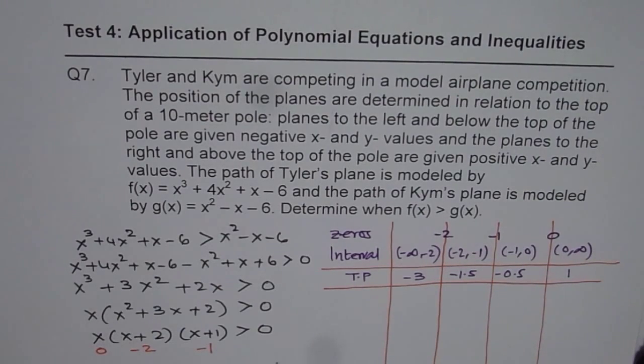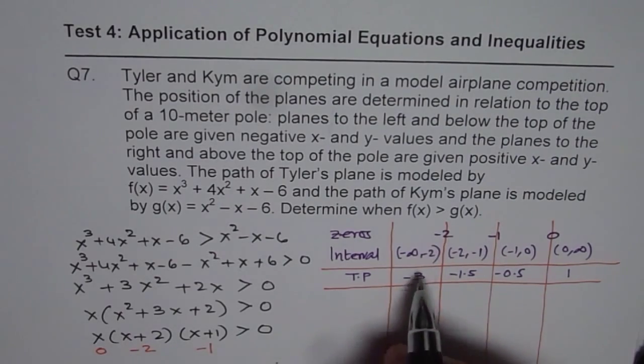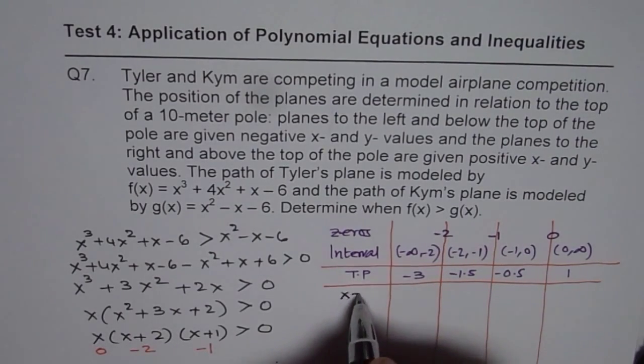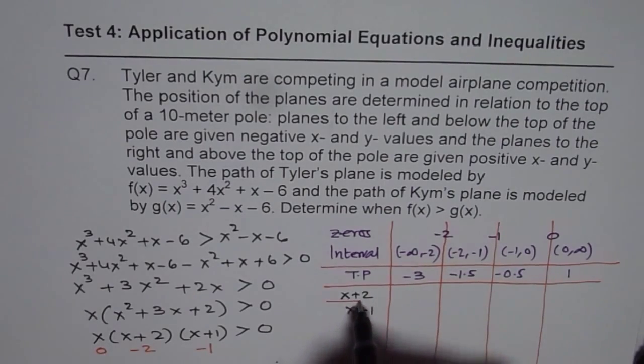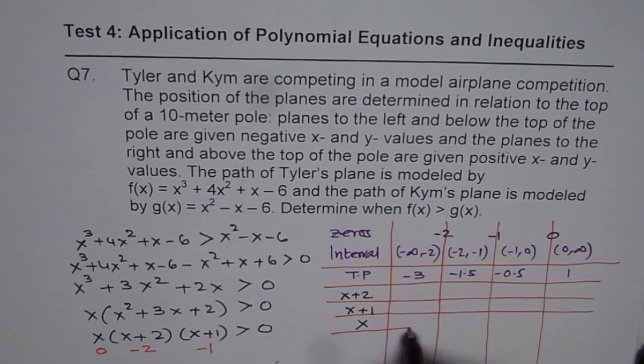Now we are trying to test that the product of these 3 factors should be positive. The factors are, let me write them in an order. We'll write the one with zero at minus 2 first, which is x plus 2, my first factor. Then we have x plus 1, and then we have a factor of x, correct? So let me just draw some lines here so that it doesn't mix up, right?